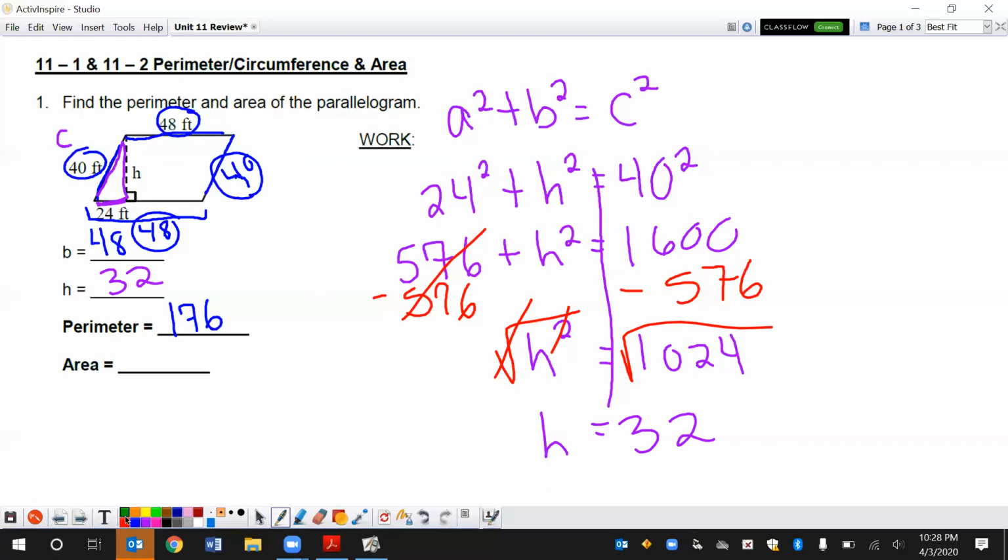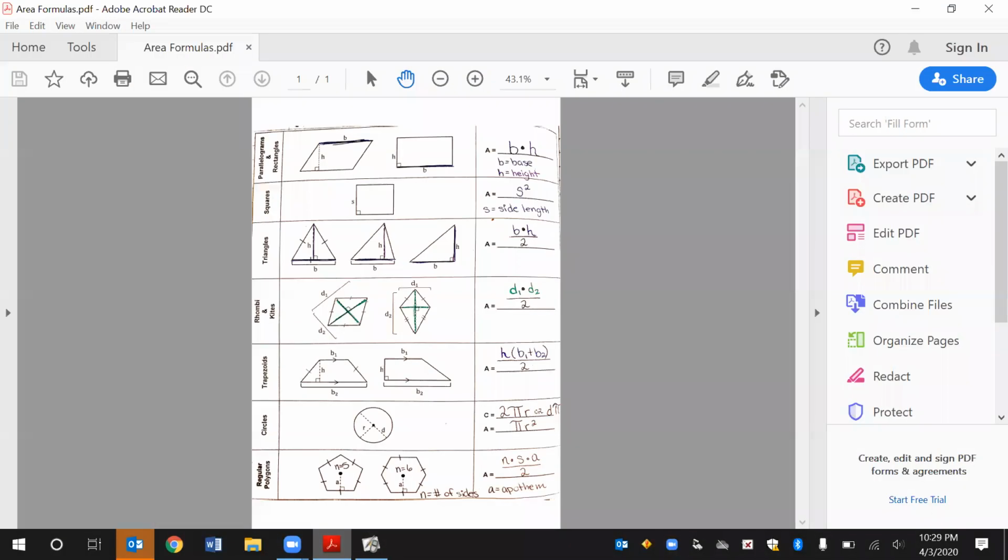So to find my area, I need the formula for a parallelogram. Here is the formula sheet. If you have your notebooks at home, then you already have this because we filled this in before you left on break. If not, then it's available in It's Learning. You can print it, you can copy it, it's up to you. But the formula for a parallelogram is b times h, base times height.